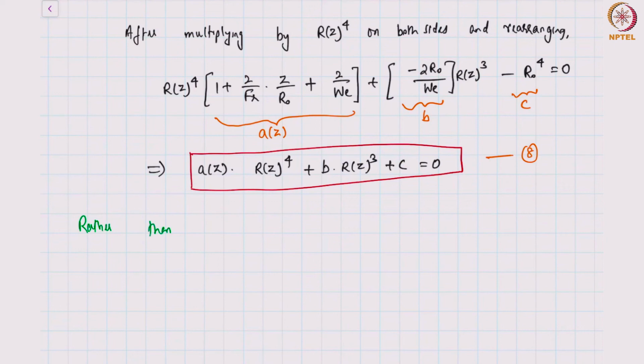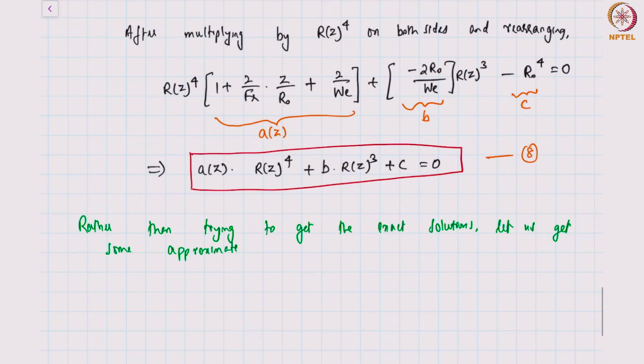Let us get some approximate solutions. I will show you one example of how to get an approximate solution.